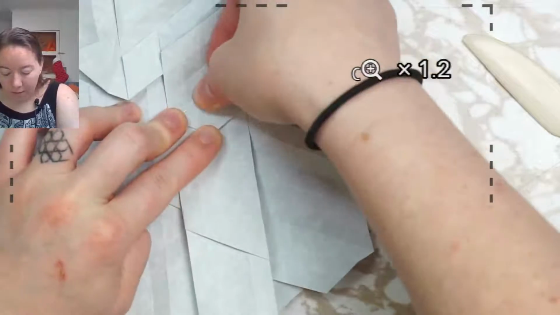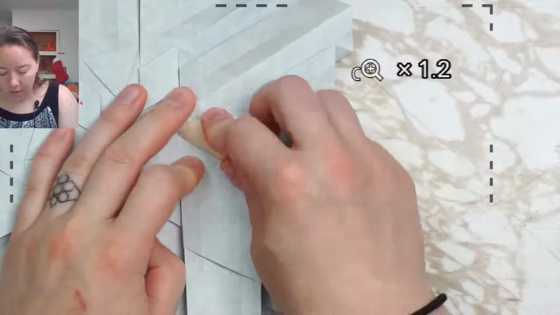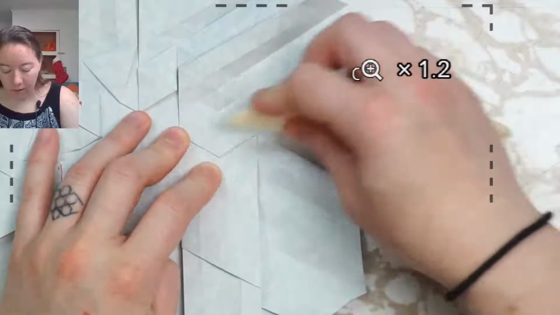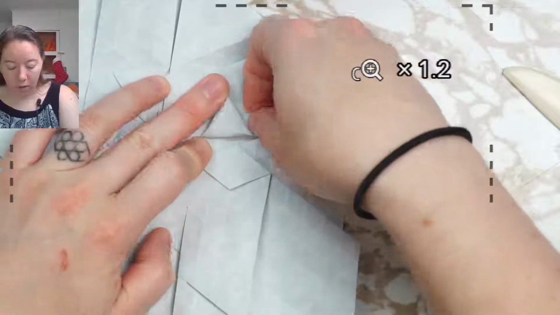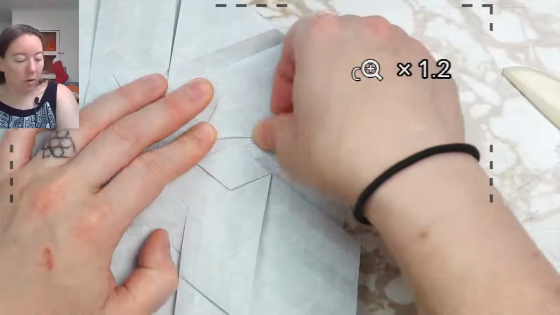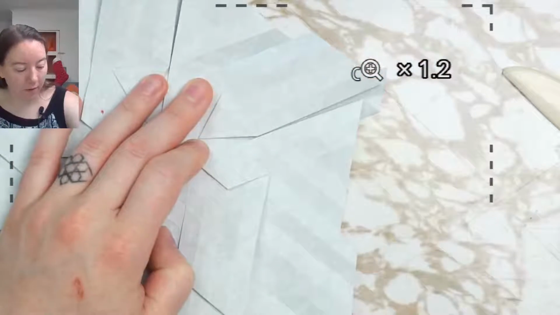So if you haven't practiced this 2-fold diamond hybrid hexagon twist, you might want to do a small demo piece with it.